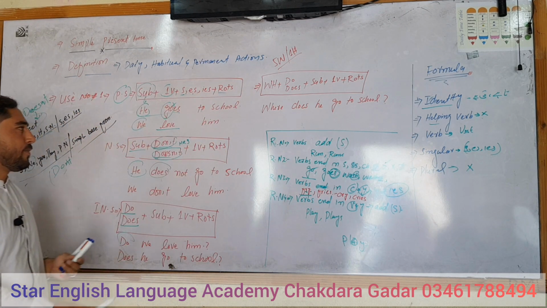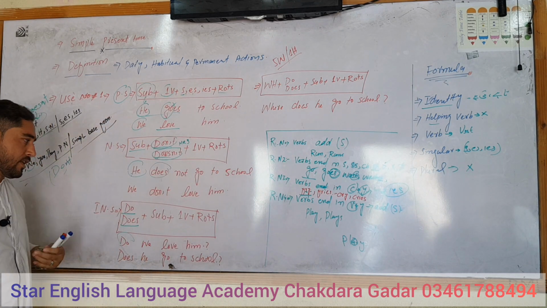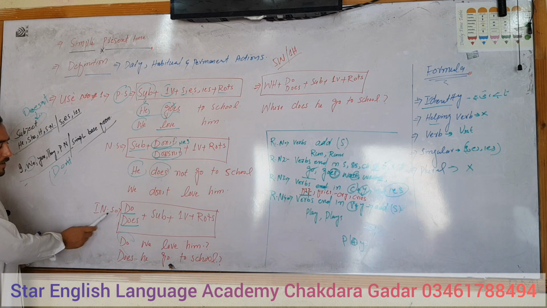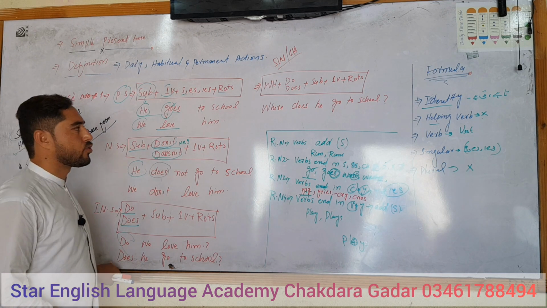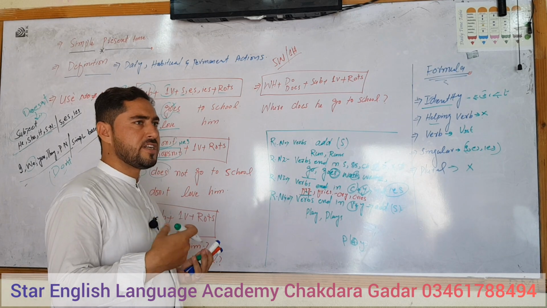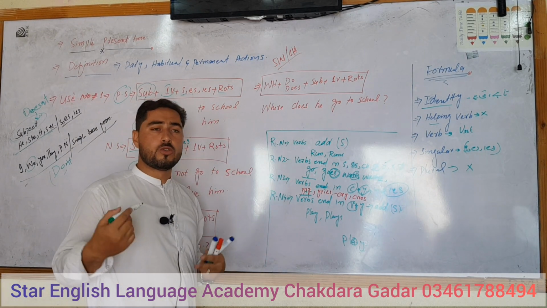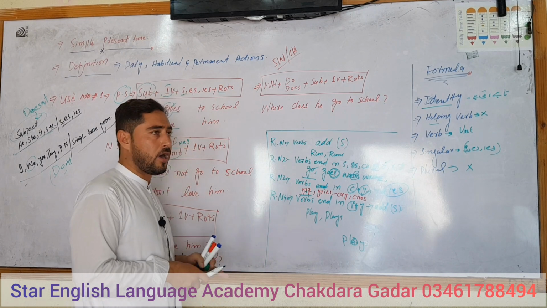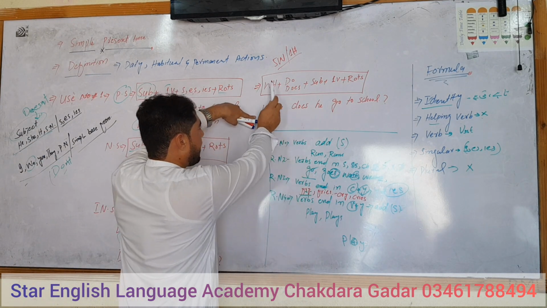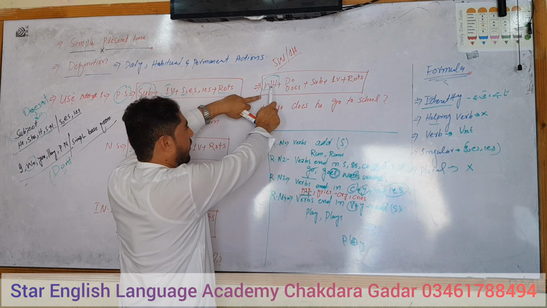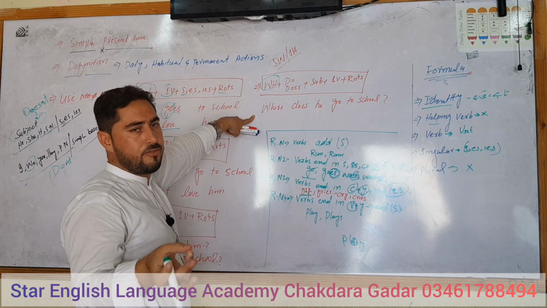structure of simple present tense, and this structure gives us more information as compared to the interrogative structure. For example, if I say does he go to school, it gives just yes or no information: does he go to school or not. If I say where does he go to school, it gives more information about the subject, where he goes to school. So here we will just put WH words like when, where, who.